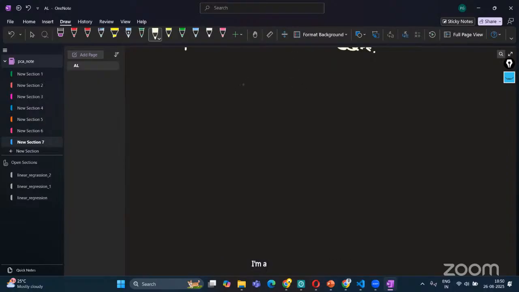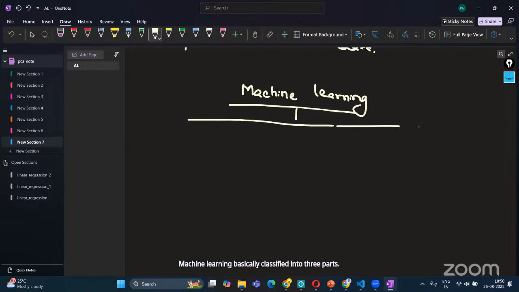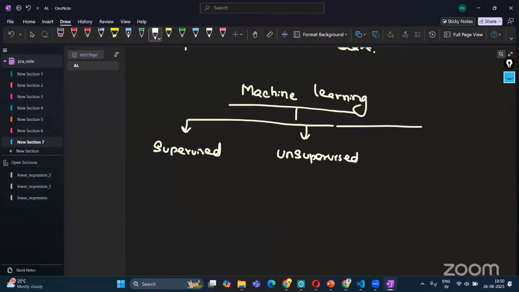Machine learning is basically classified into three parts. First one is supervised. Second one is unsupervised. And third one is reinforcement learning.